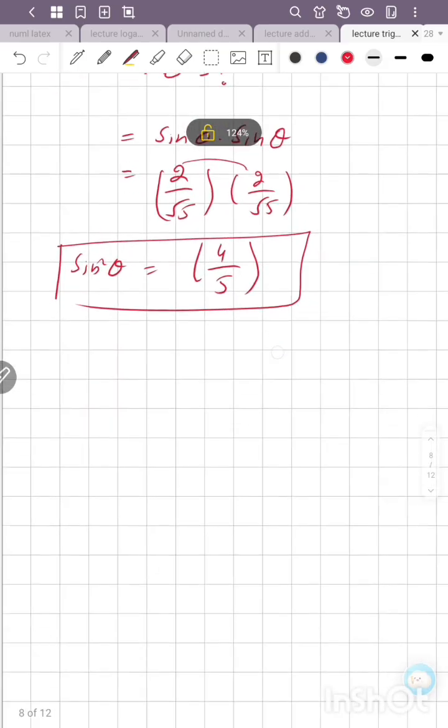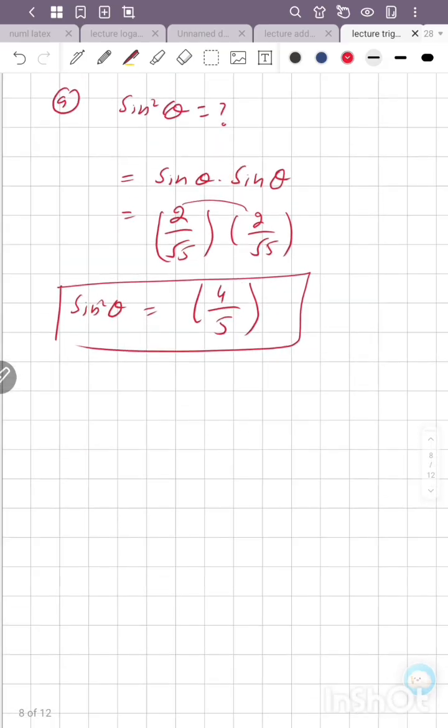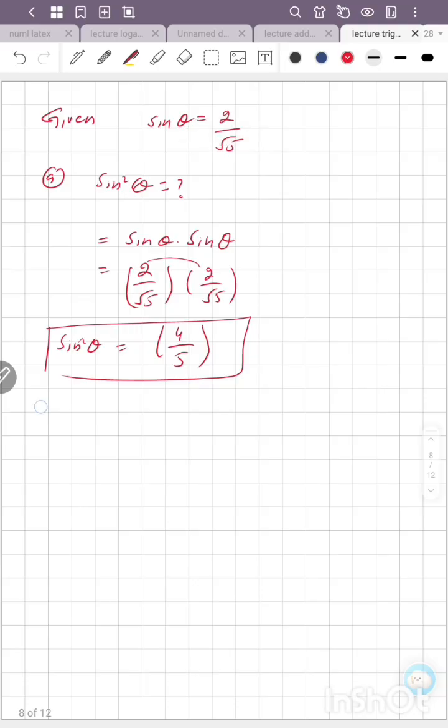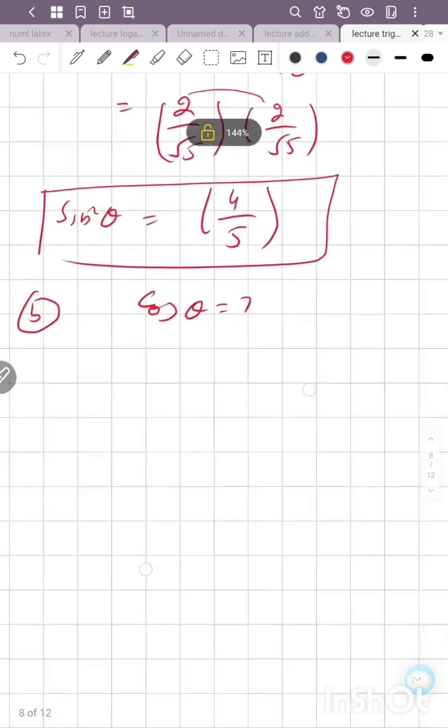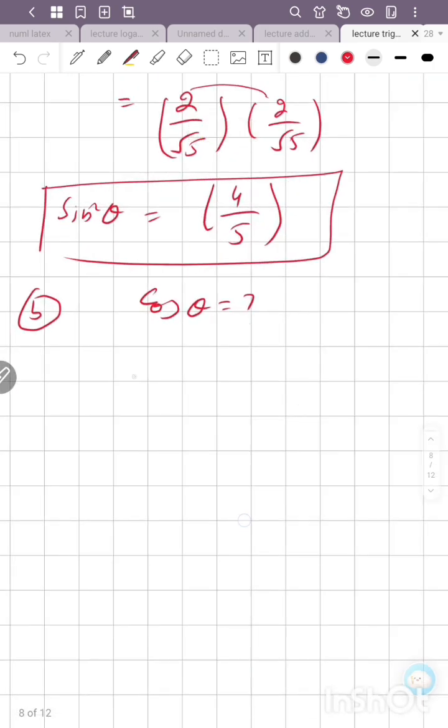Now we will move forward. We have a B part, the same question. The B part says find cos theta. So how do we find cos theta?